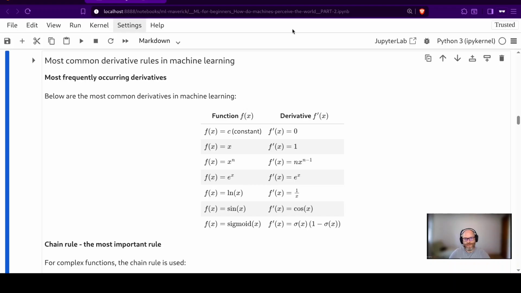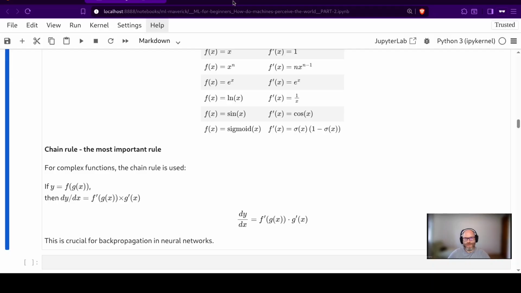F of x equals sine of x, derivative f prime of x equals cosine of x. And f of x equals sigmoid of x, derivative f prime of x equals sigmoid of x times 1 minus sigmoid of x.